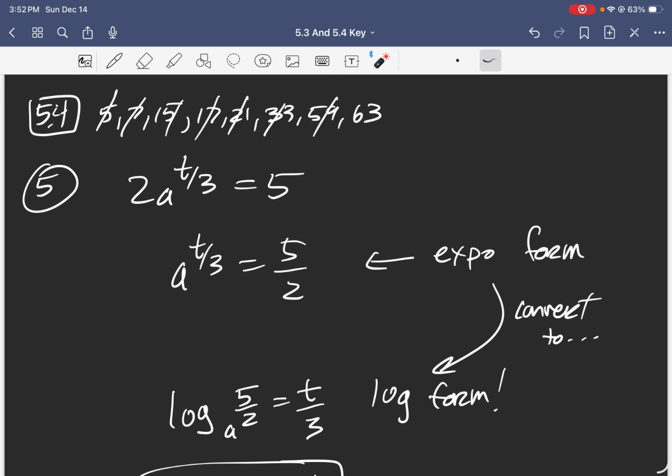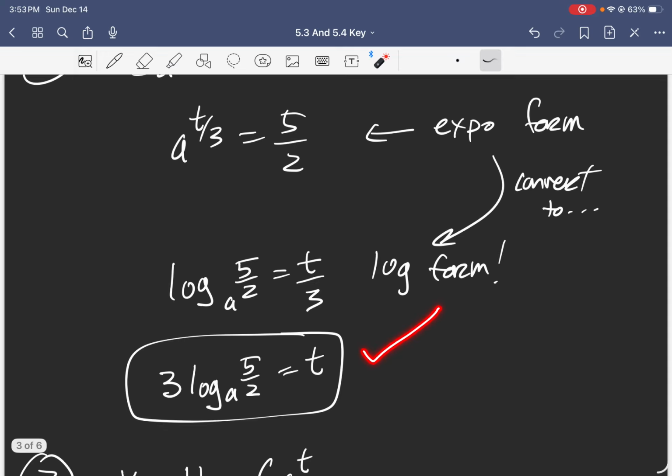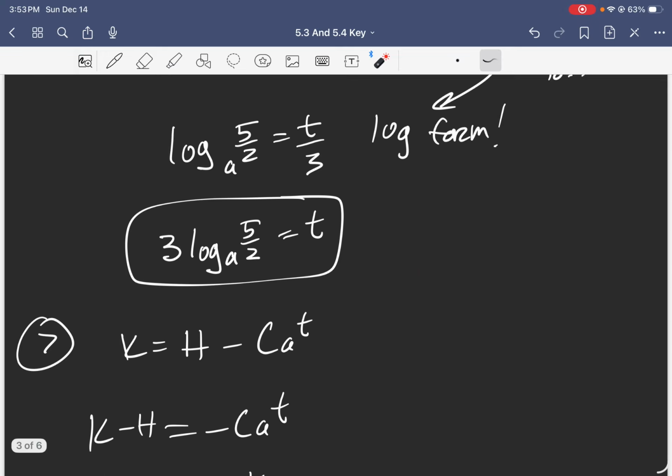So this would be log base a of this is equal to the exponent, because a log is just an exponent. That's why it's log base a of 5/2 is equal to t over 3. Multiply both sides by 3 and I get this.